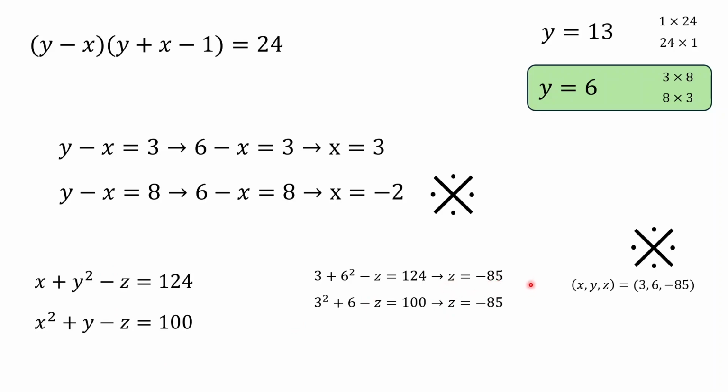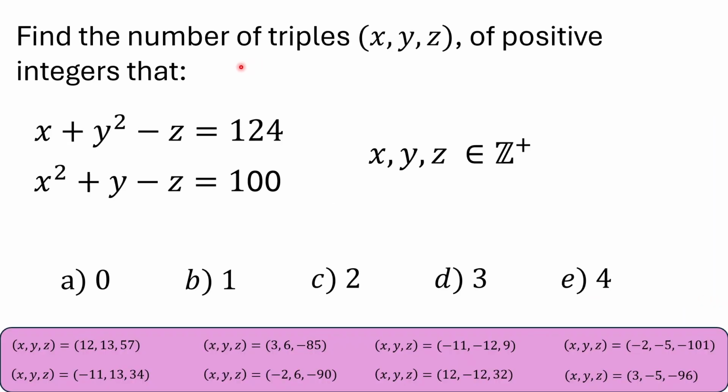This is again not acceptable because z is a negative number. All right, so we get to the end of the solution. Basically, the answer would be 1 in this case, if x, y, z are members of Z plus. If x, y, z are members of Z, then the answer would be 8, which actually is not given in any of these options.